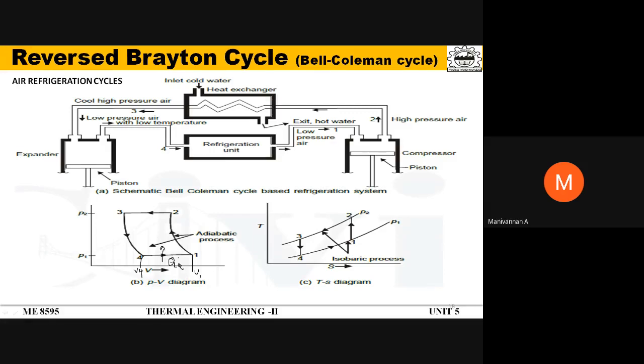So process 4 to 1 takes place in the refrigeration unit by removing heat from the space where you want to maintain a certain temperature. At the end of this process, my air is at pressure 1 and volume 1.